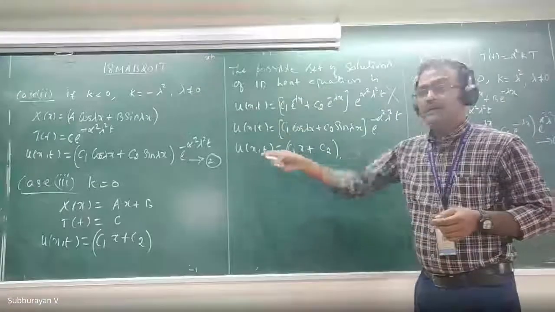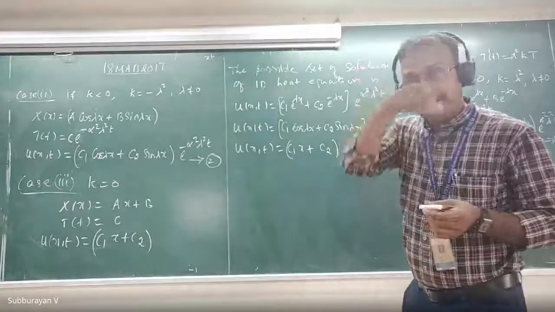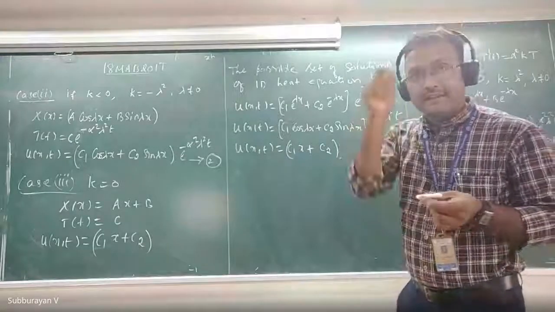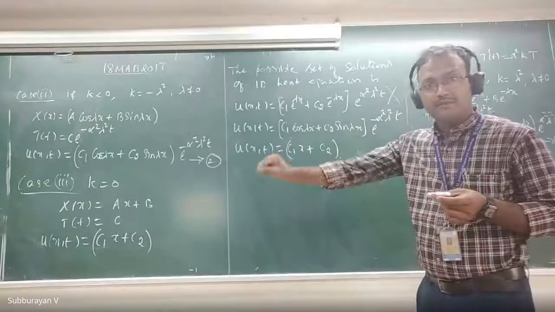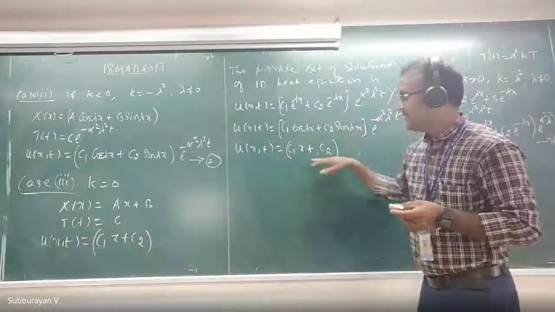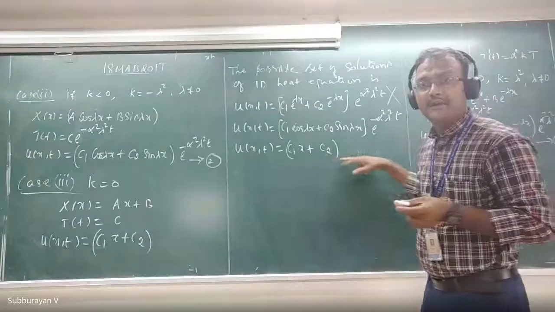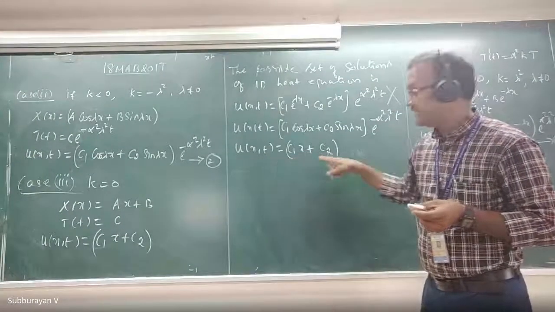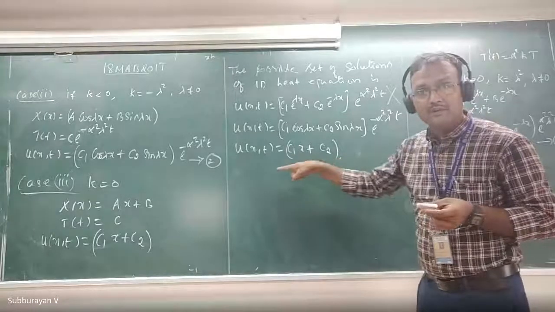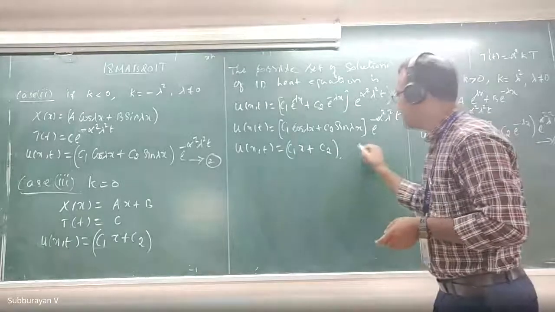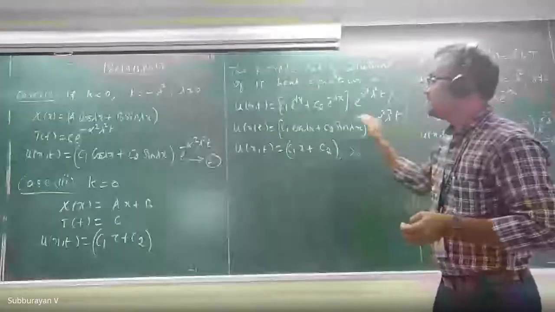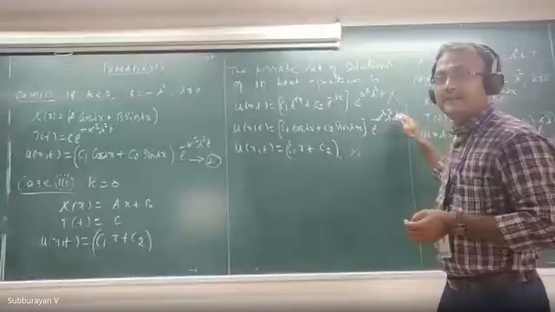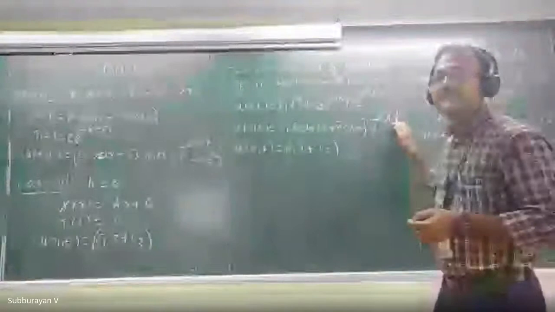Similarly, if time goes to infinity, then the temperature should go to 0. But here it is not depending upon the time. When time goes to infinity, this is not tending to 0. So this is also ruled out. Hence, the suitable solution for the one-dimensional heat equation is the second one.